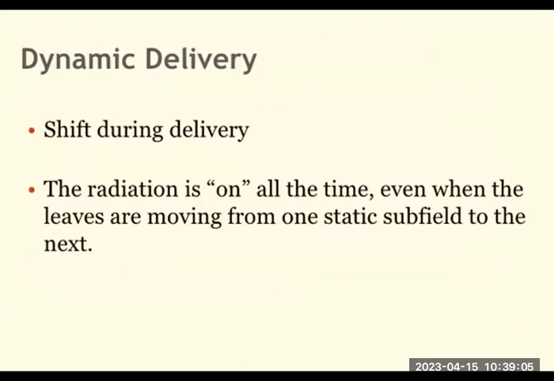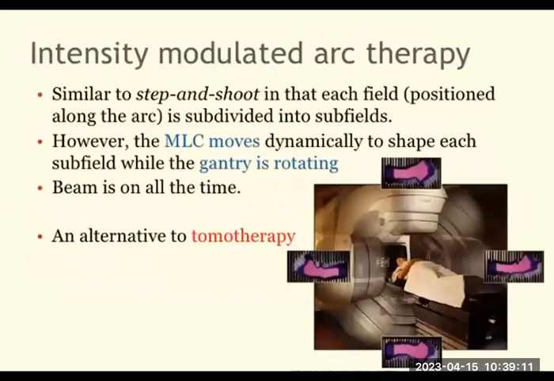Next is the intensity modulated arc therapy. This is similar to the step and shoot method. Here the same MLC moves dynamically to shape each subfield while the gantry is rotating.